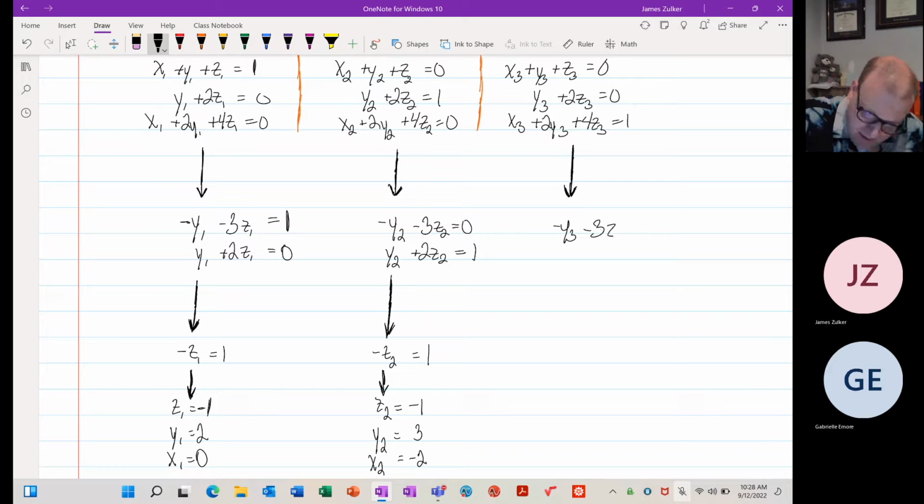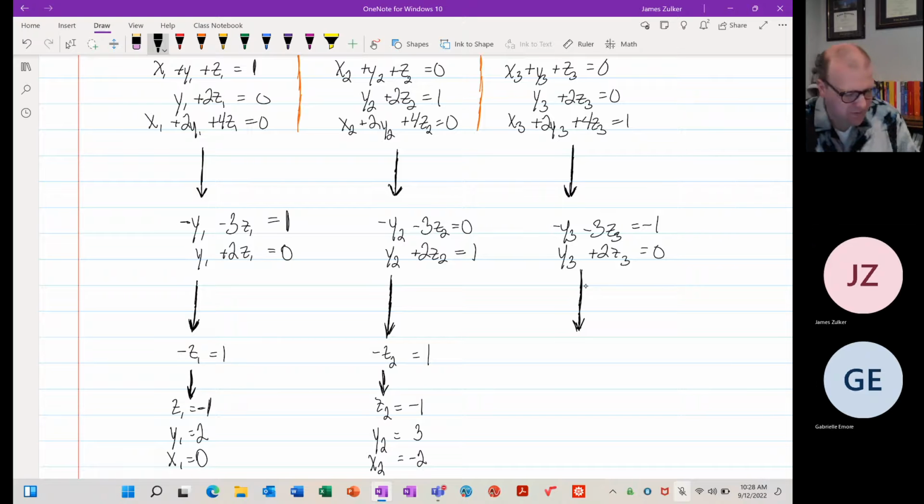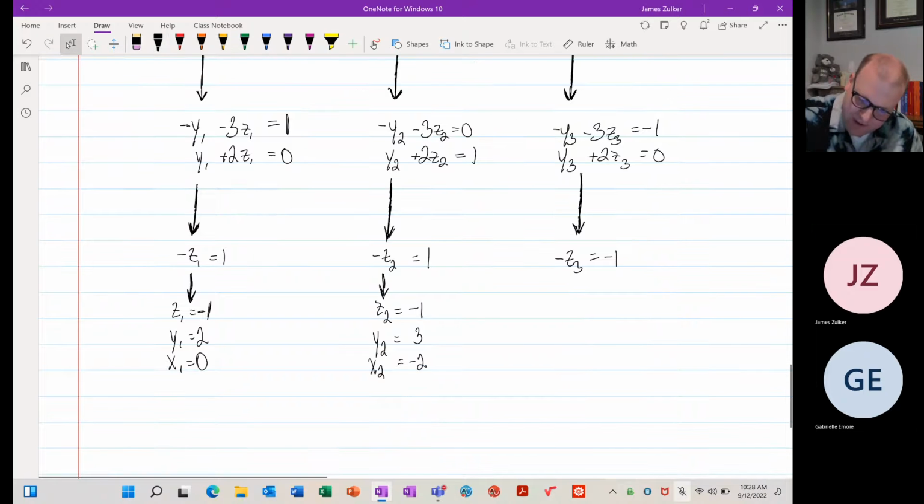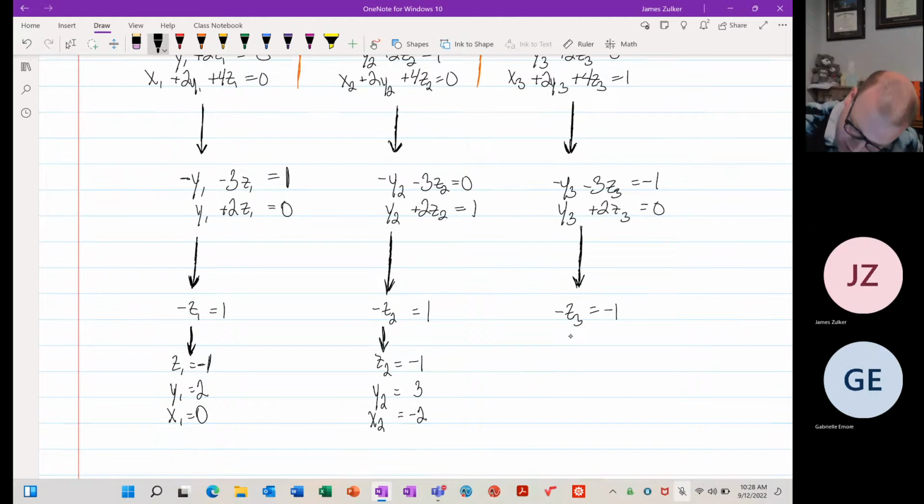Negative y3 minus 3z3, that's going to wind up being -1. And then y3 plus 2z3 is 0. We get negative z3 is equal to -1 this time, which means z3 is going to have to be 1.